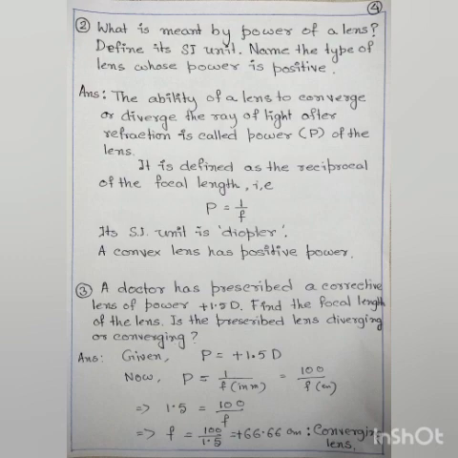F we will get 66.66 centimeter. And as power is positive, focal length is also positive, means it is a convex lens, means the prescribed lens is a converging lens. Clear?